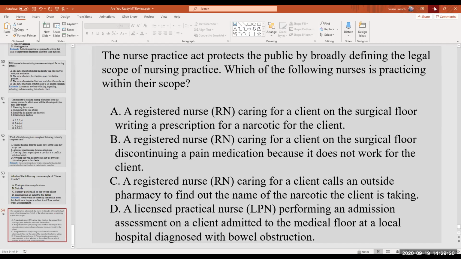I'm not sure if they give you partial credit or not for the select all that apply. Traditionally, as far as I know, if you don't get them all right, you don't get the question right. But I noticed on the quizzes that they did give you partial credit, but on the exam, I don't believe that you get partial credit. One wrong is wrong.